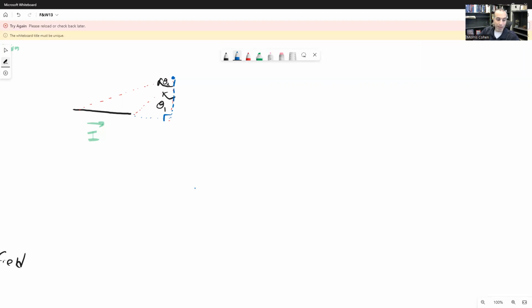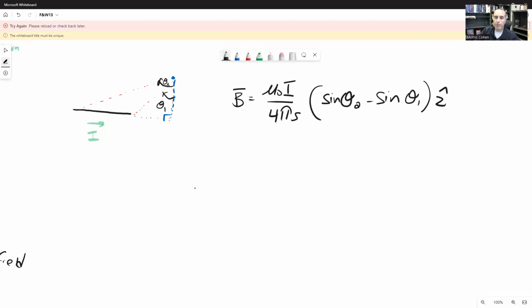We can figure out what the magnetic field is from that, and it turns out to be B equals mu naught I over 4 pi s, I'll define s in a second because I forgot to, times sine of theta 2 minus sine of theta 1 in the z direction, so it means it's coming out of the page. S, by the way, is this length right here, the perpendicular distance from the current segment to your observation point.